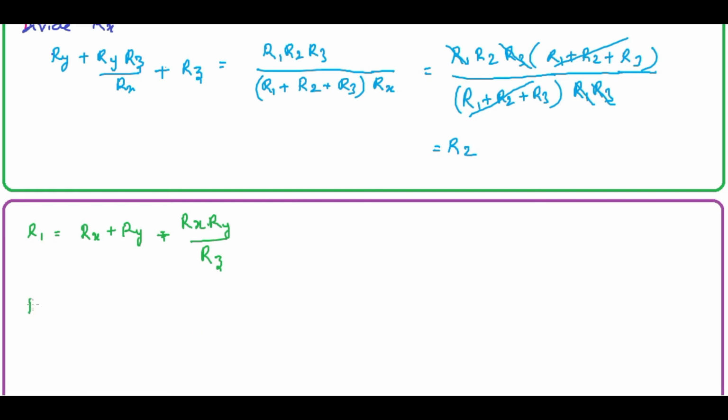Similarly, we have already obtained R2 is equal to Ry plus Rz plus Ry Rz divided by Rx.